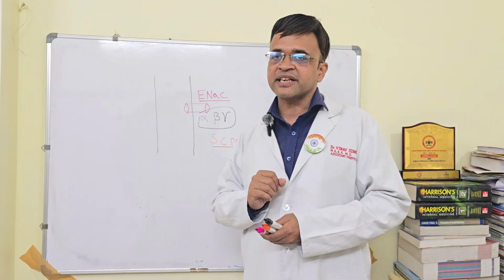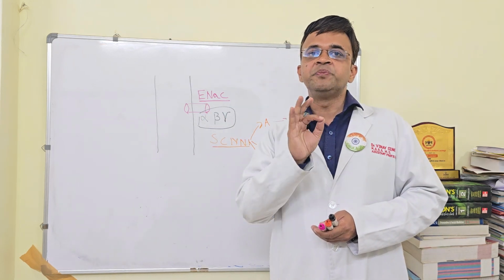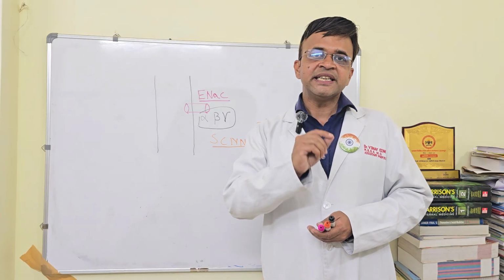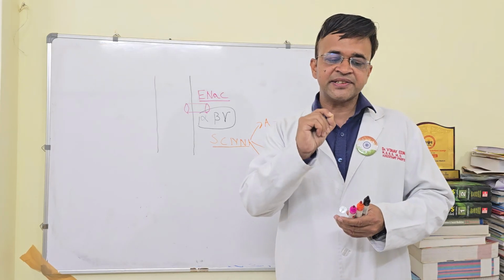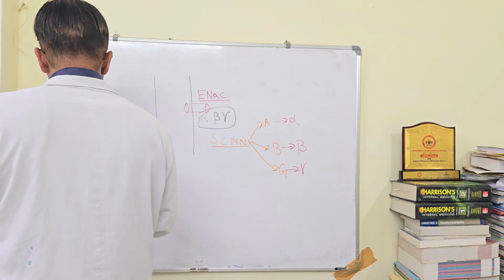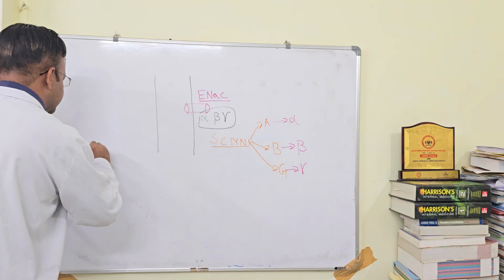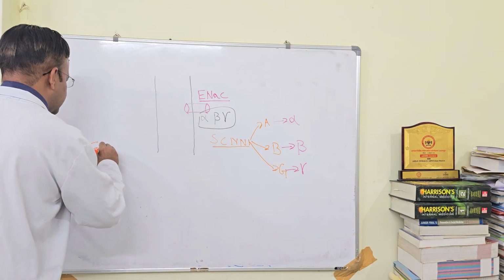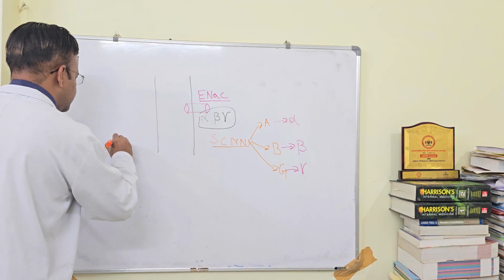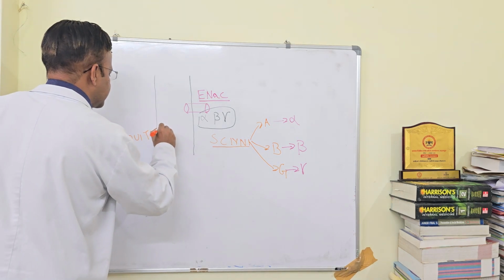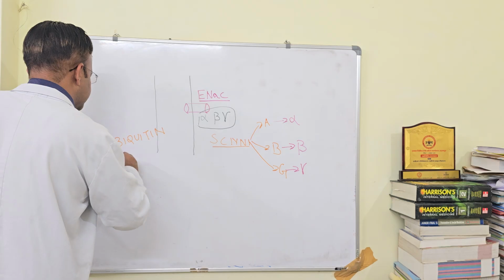Now this ENaC channel actually needs ubiquitin for its degradation. To be specific, it needs E3 ubiquitin ligase for its degradation.